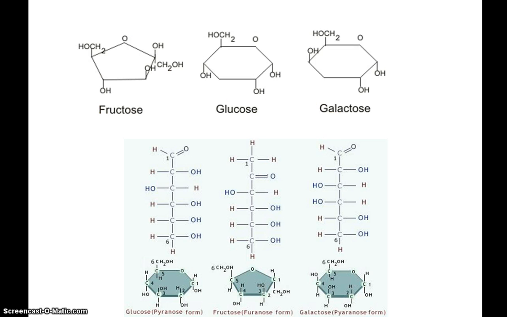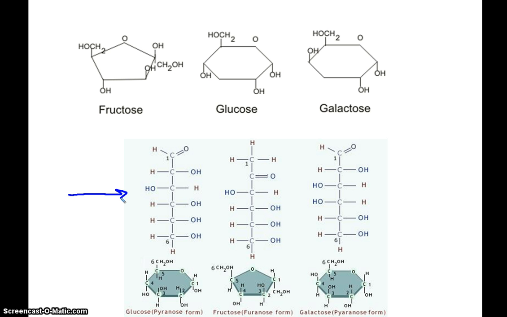So now let's go and look at what some of these monosaccharides look like. So as I said before, when we talked about carbon, they can be linear, they can be chains, they can be branch chains, they can be cyclic. And if we look in the middle here, this shows the chain, and each of them has 1, 2, 3, 4, 5, 6 carbons, okay?